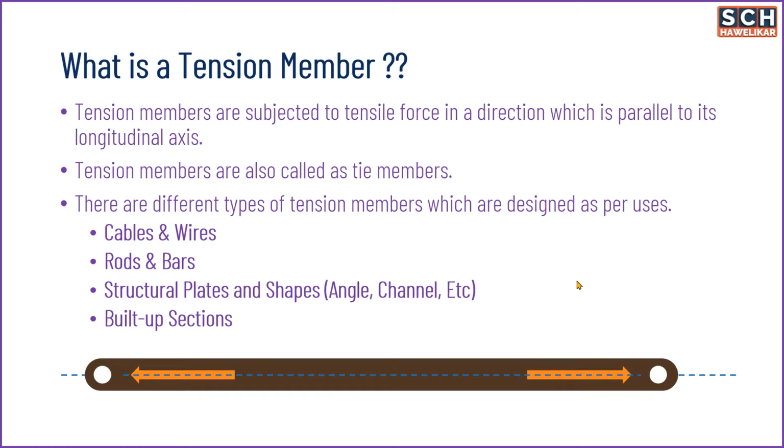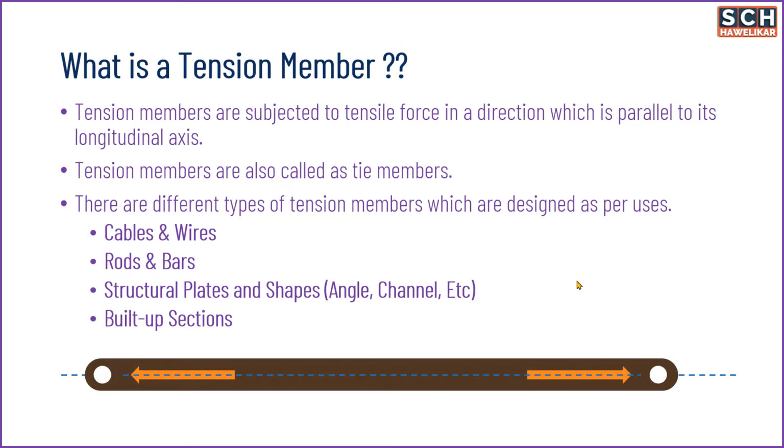If we want sturdy and stable support as a tension member, then rods and bars can be utilized. When the load requirements increase, we can go with prismatic sections, that may be angle section, channel section, or rectangular, square, hollow section.